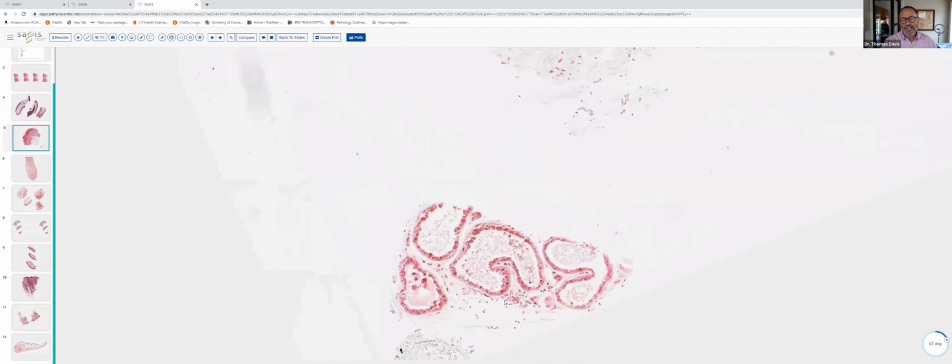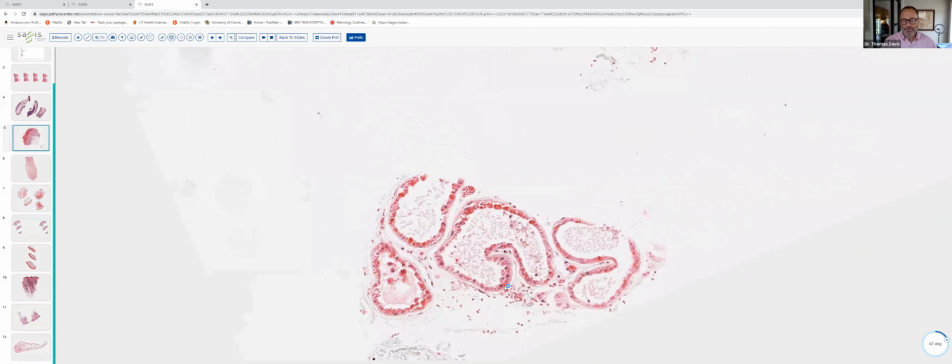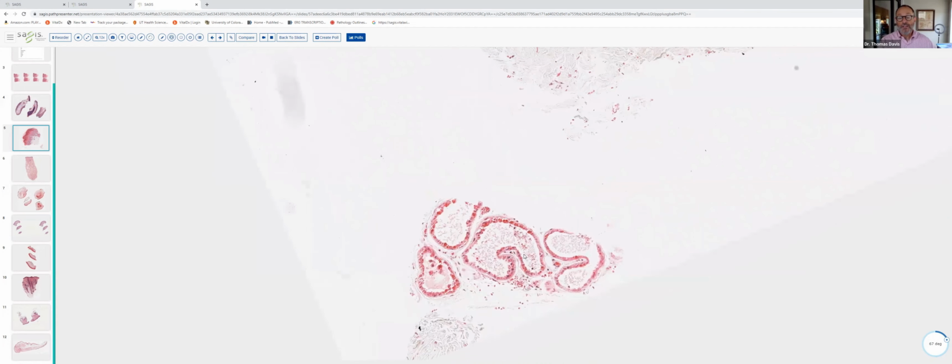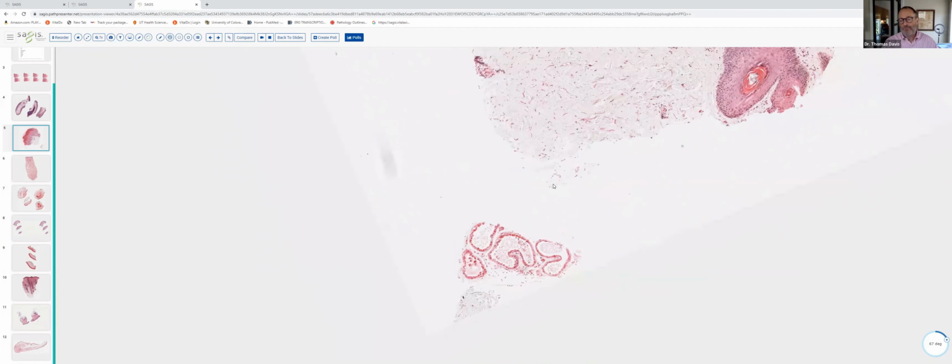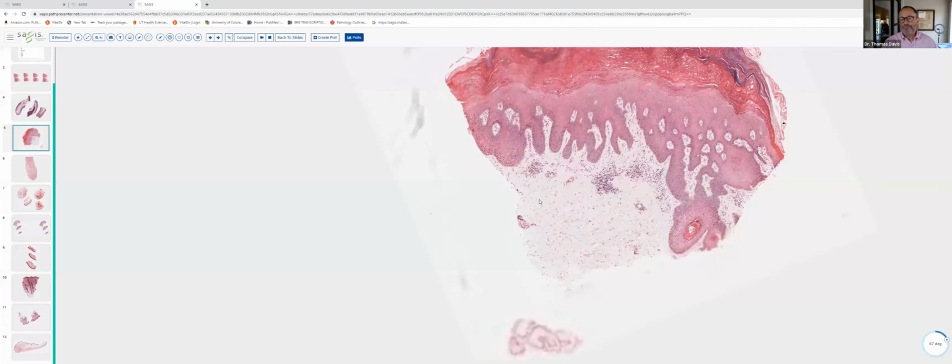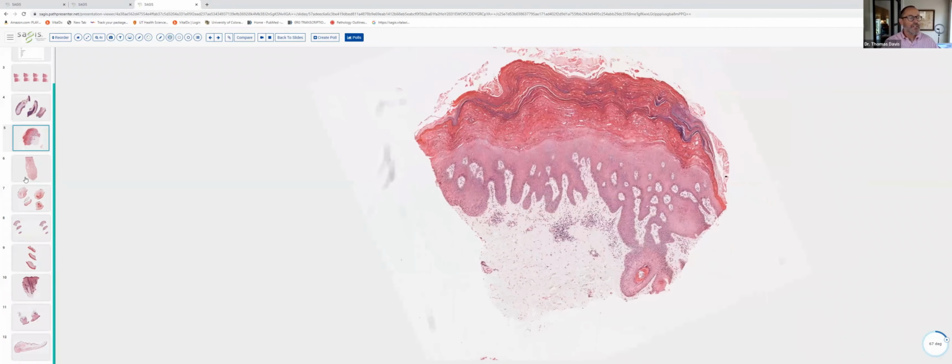And the key here is that this is apocrine-rich skin. Apocrine glands tend to have bigger lumina than eccrine glands, and of course one sees decapitation secretion along the lumina. This could also be genital skin. The important thing is it's from an apocrine-rich area, and so axilla was the correct choice here.